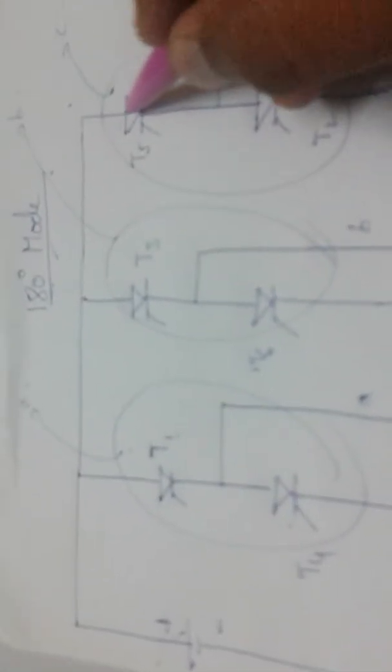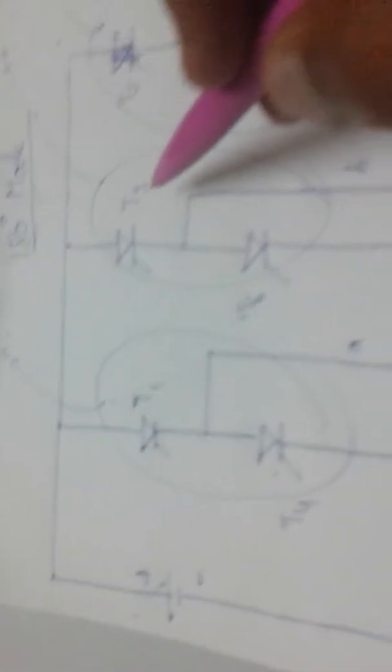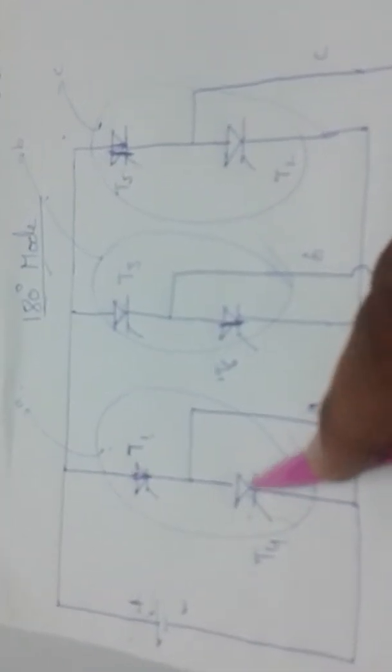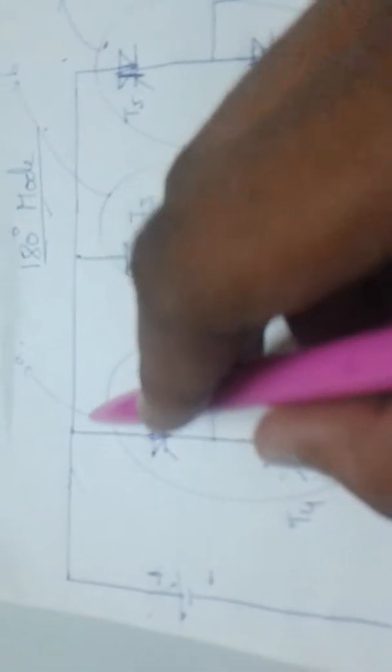Now consider up to 60 degrees, which are conducting. T1 is conducting, T6 is conducting, and T5 is conducting. These three are conducting. Here is T5. T5 is conducting, T6 is conducting, and T1 is conducting. This one is off, this is also off. Now the current passes like this.